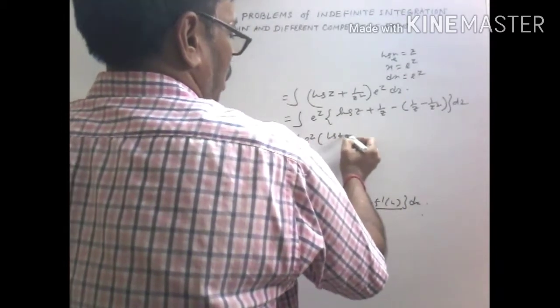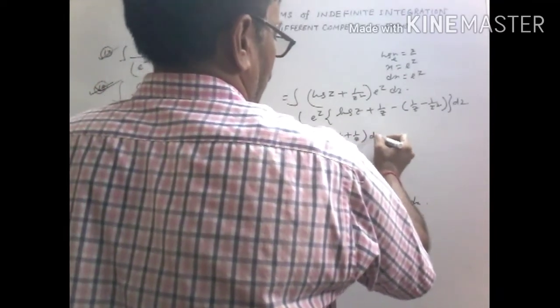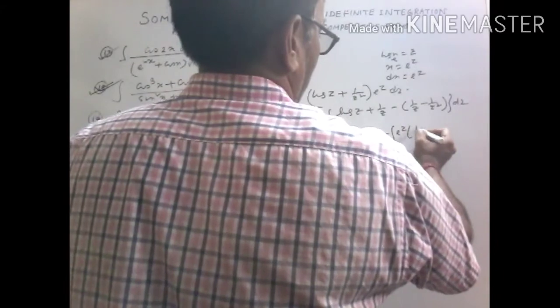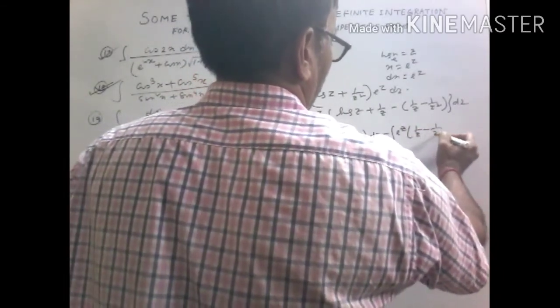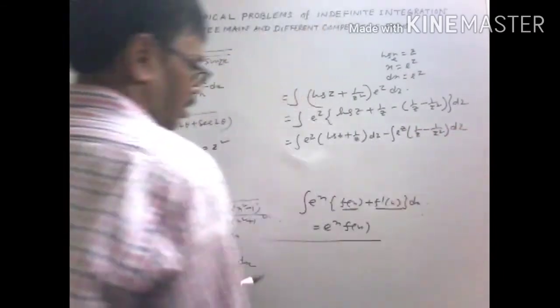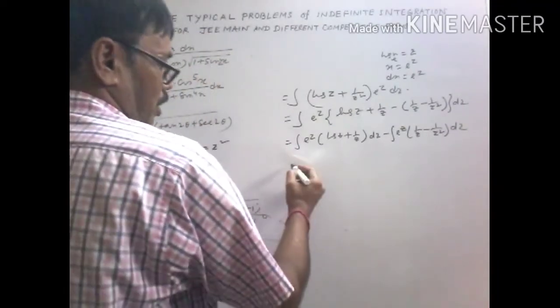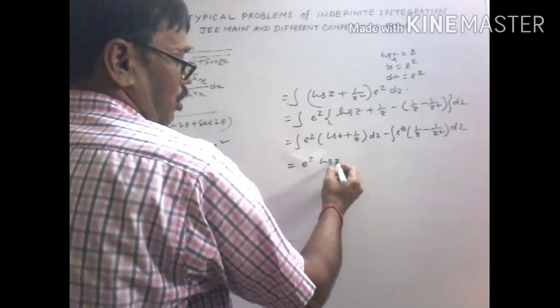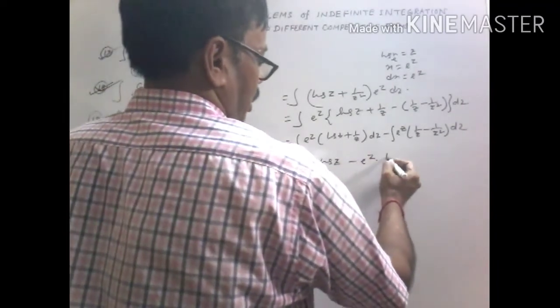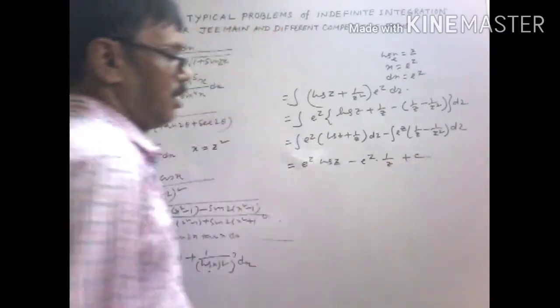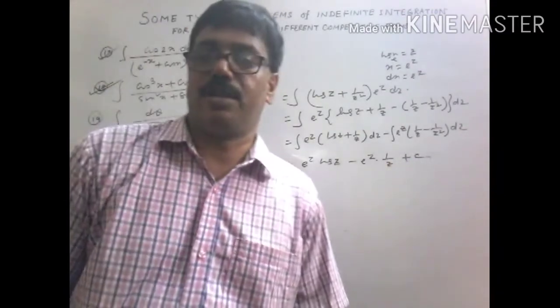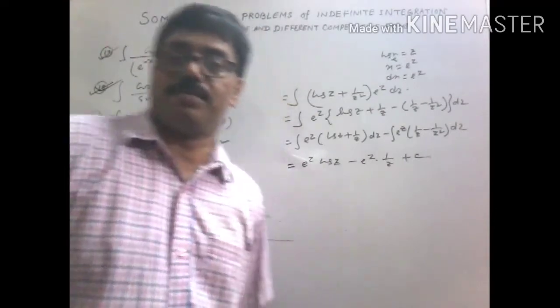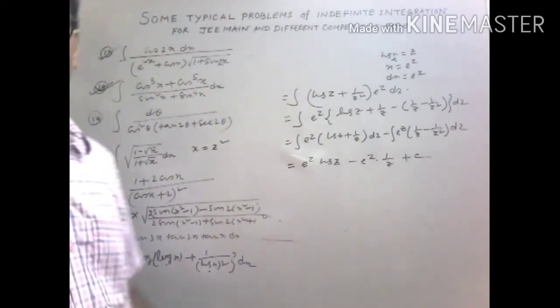So e to the power z, log z plus 1 by z, dz, e to the power z, 1 by z minus 1 by z square, dz. So look, it is e to the power z into log z, this is e to the power z into 1 by z, plus c. Putting the value of z, we get the solution.